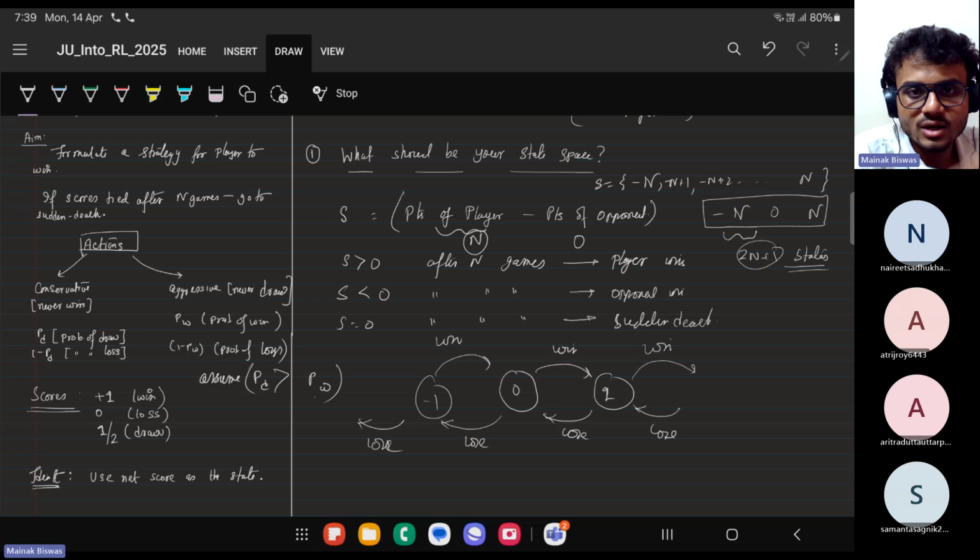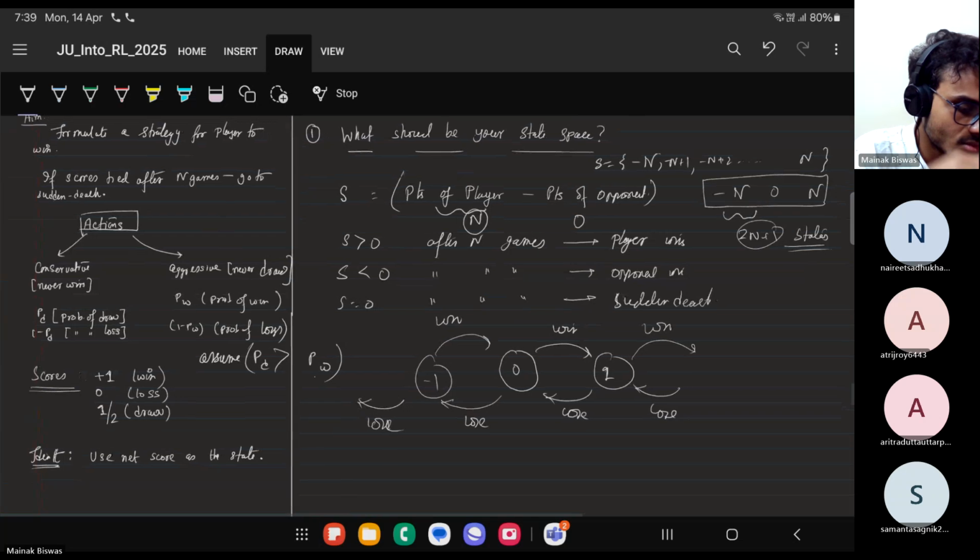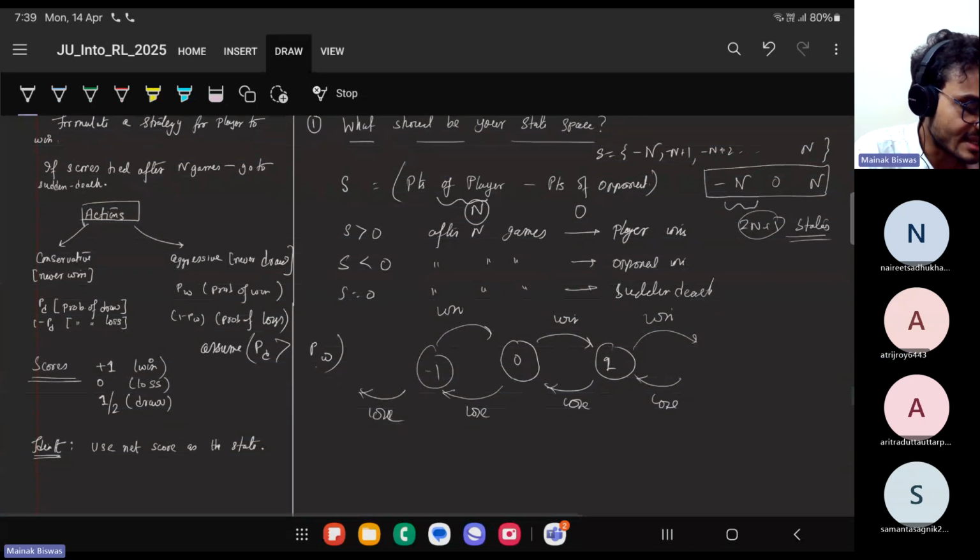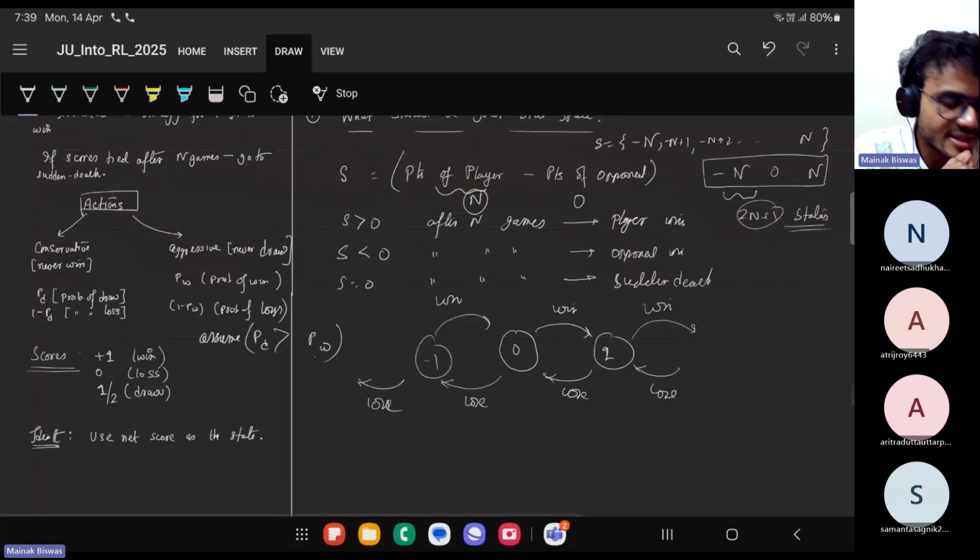You can be at minus n after n rounds, at plus n after n rounds, or somewhere in between. Okay. Now if the state is greater than 0 after n games, you agree that player A has won, because the points of the player are greater than the points of the opponent. Fine.